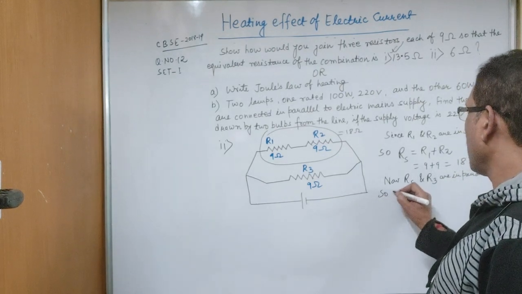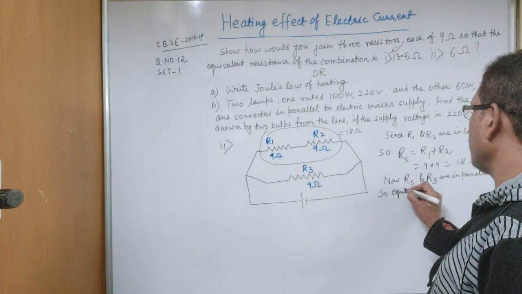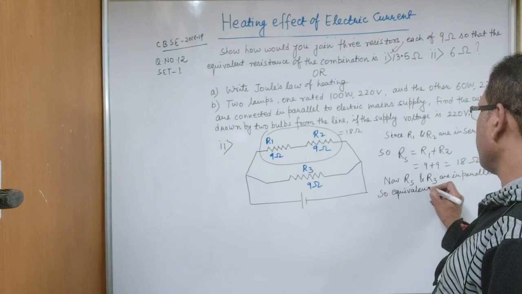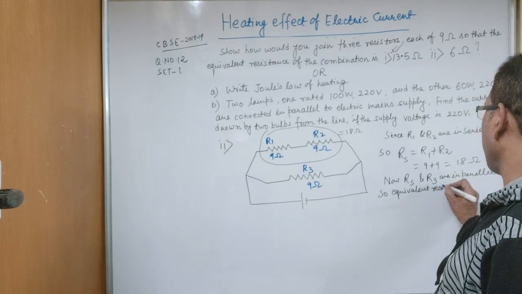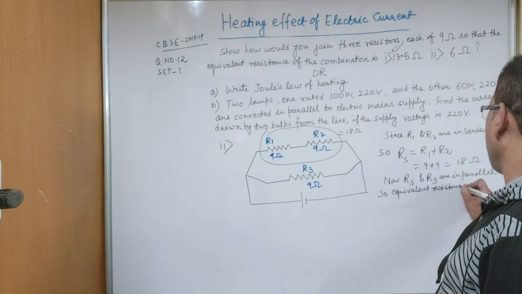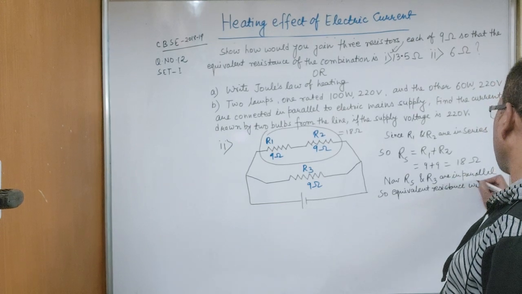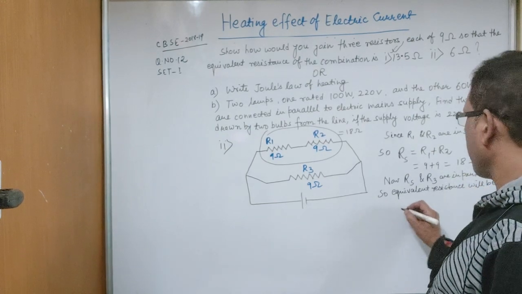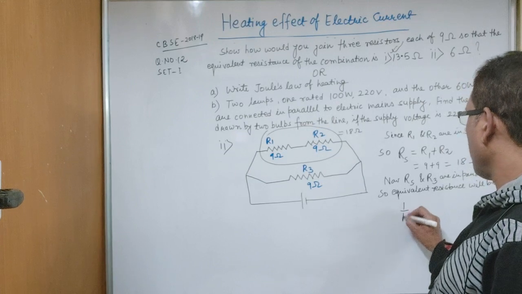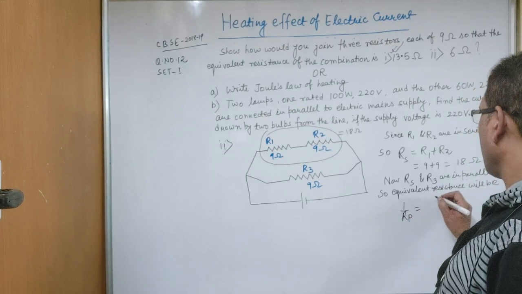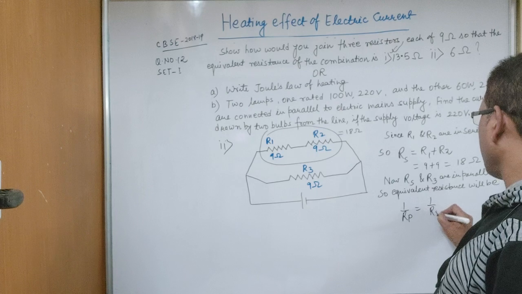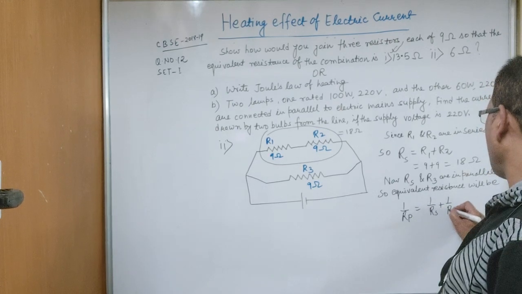So the equivalent resistance will be 1 upon Rp is equal to 1 upon Rs plus 1 upon R3.